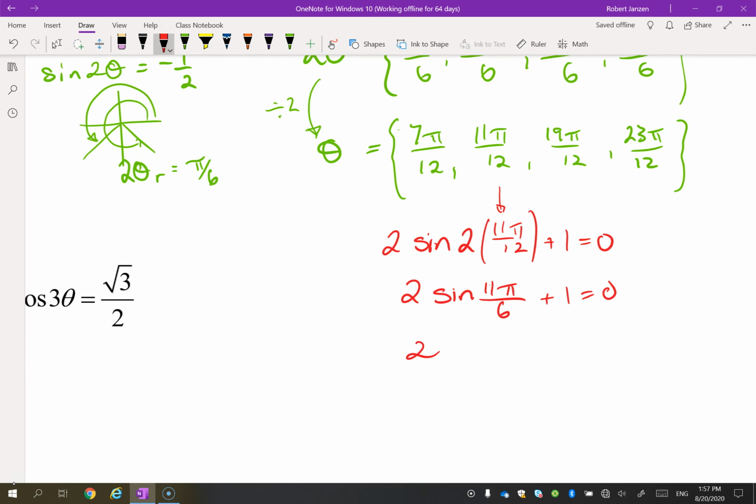What is sine of 11 pi by 6? Well, sine of pi by 6 is a half. This is negative a half. And guess what? That works.